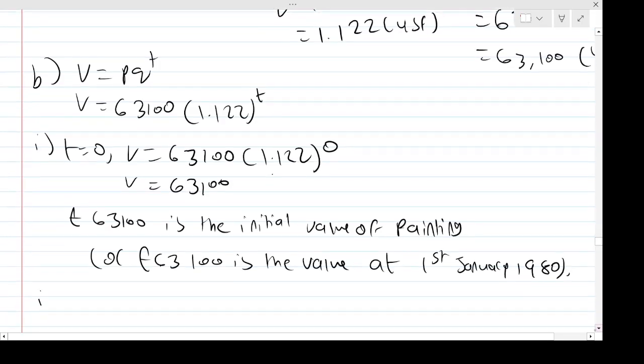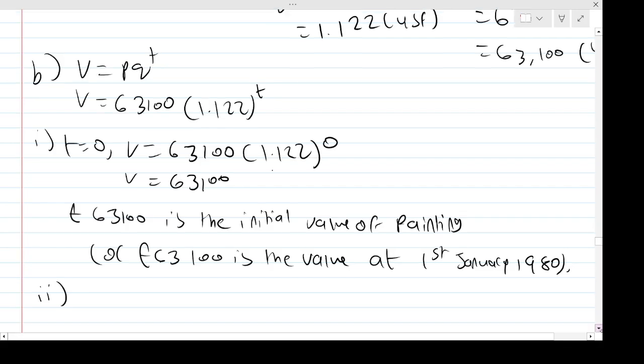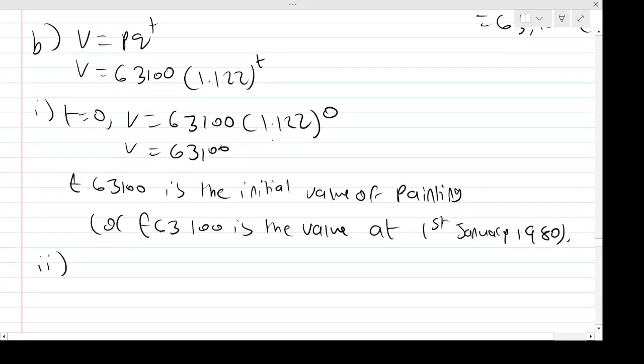Okay, then second part, obviously now we need to interpret what Q means, so this 1.122 in here. So what does that mean in relation to the model? This is harder to see, but again, we went over this. Once you practice this sort of thing, it's the same sort of idea. We saw that when T is 0, then V is just 63,100. What if we then increase by 1 year?